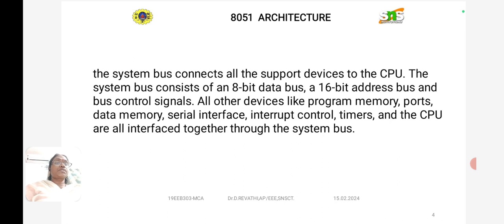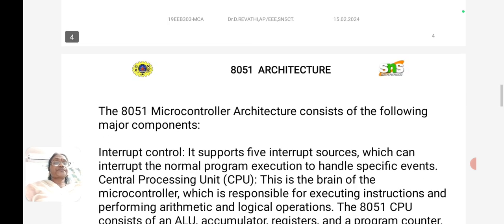The system bus consists of an 8-bit data bus, a 16-bit address bus, and control signals. All other devices like program memory, ports, data memory, serial interface, interrupt controller, timer, and the CPU are all interfaced together through the system bus.